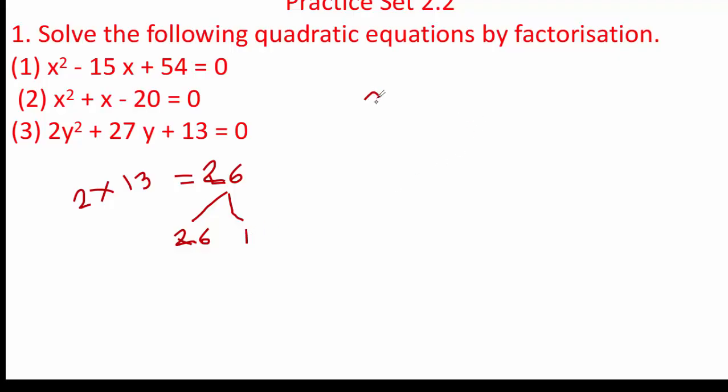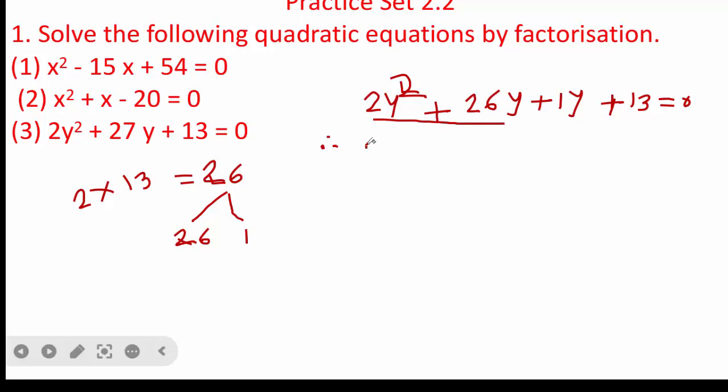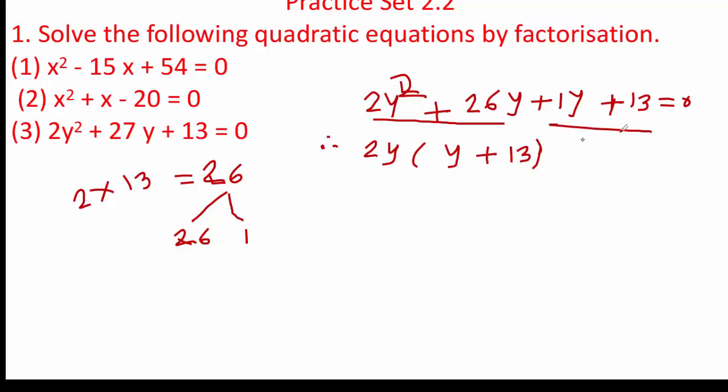Therefore, I shall write 2y square plus 27y can be written as 26y plus 1y plus 13 equal to 0. Therefore, from these two terms, I can take 2y common. If I take 2y common, there remains y plus 13. From these two terms, I shall take plus 1 common, and there remains y plus 13 in the bracket equal to 0.